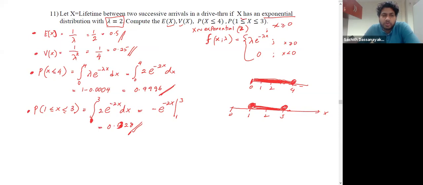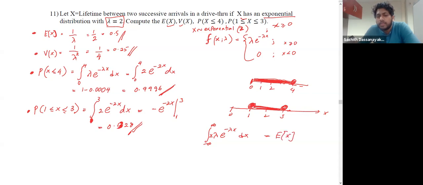The main thing is you should know the variance and expected value of those distributions. Otherwise, you have to figure it out using the continuous case: from negative infinity to positive infinity, x times the distribution, dx. Do you remember that? This is how we find the general expected value.